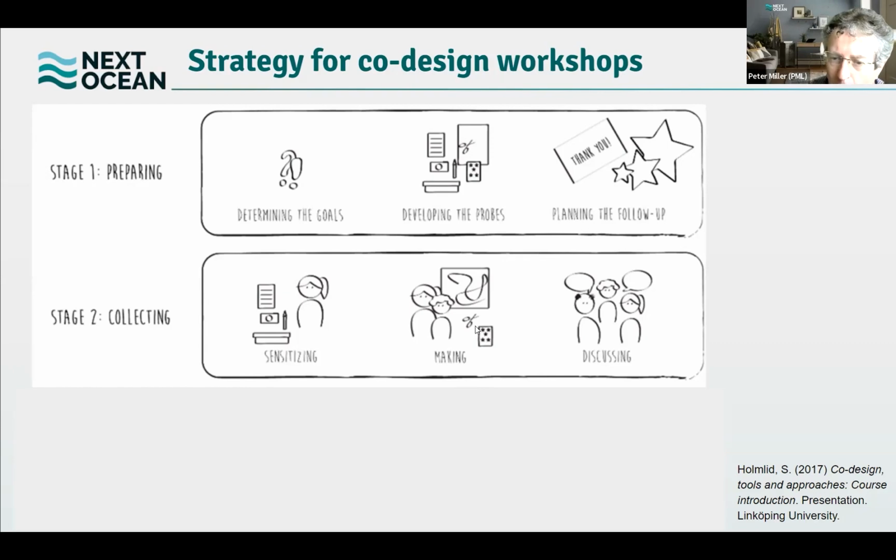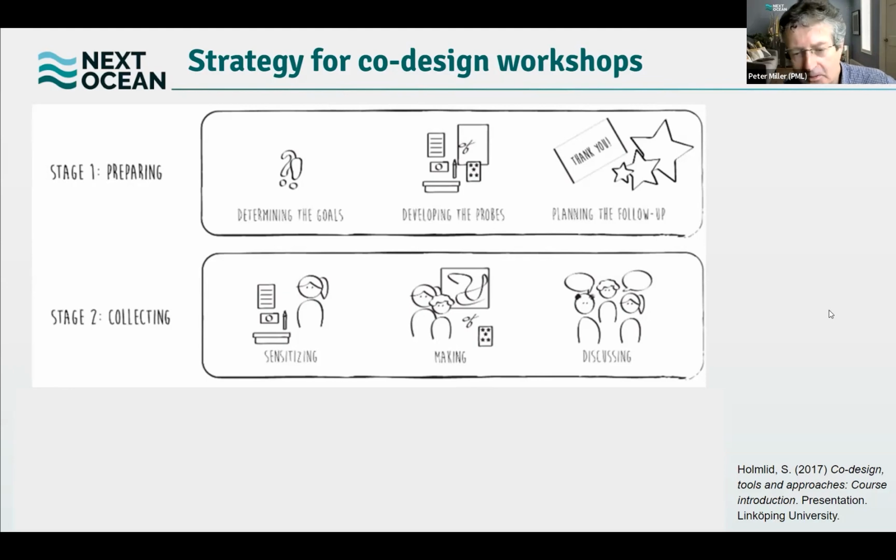So what people actually think of the workshop is the making and discussing part, where we have brainstorming sessions or kind of game scenarios where we might together discuss and evolve ideas about the kind of service we want.